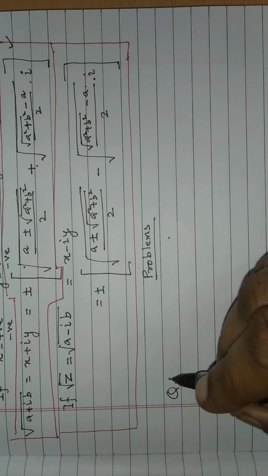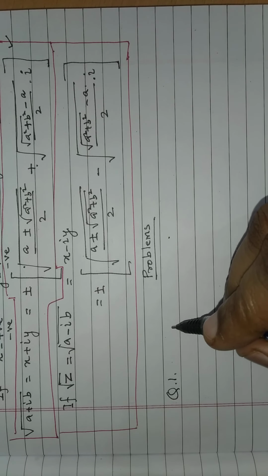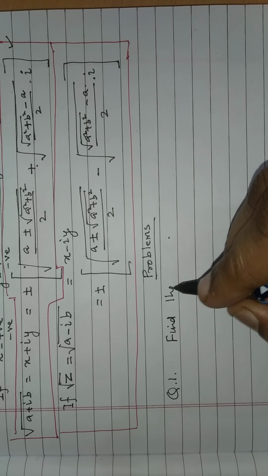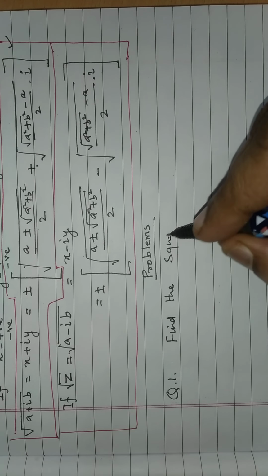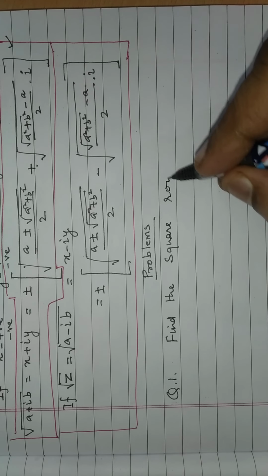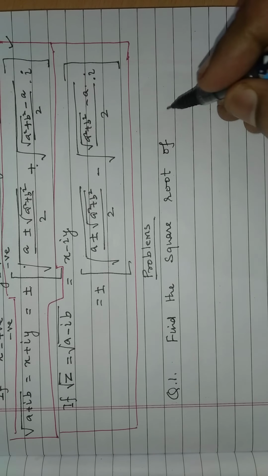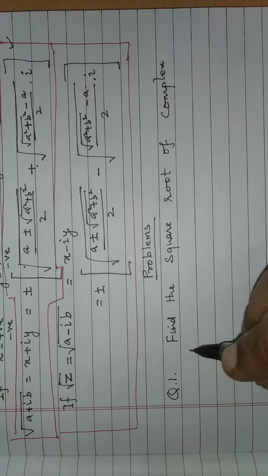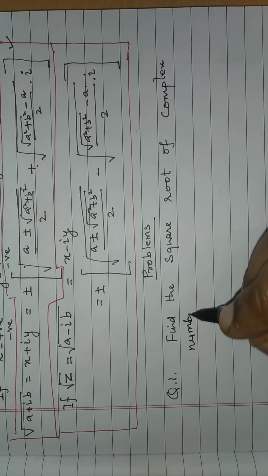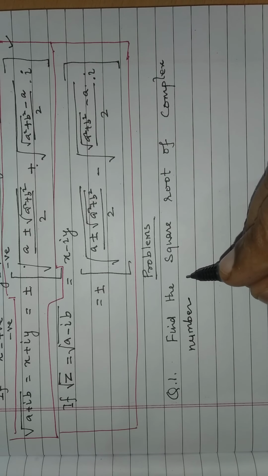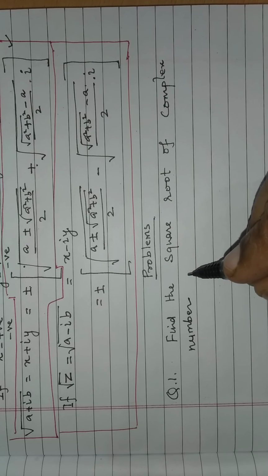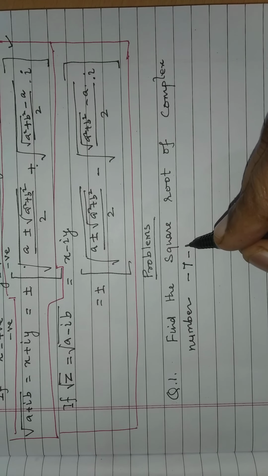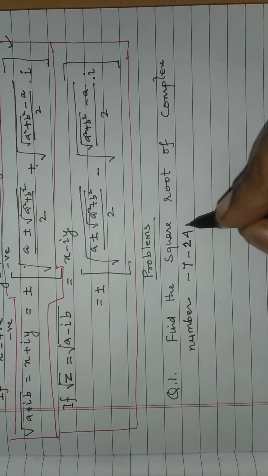The first question I have taken here: find the square root of the complex number -7 minus 24i.